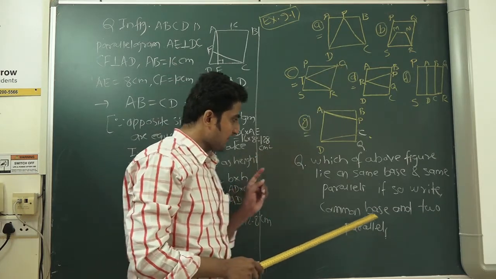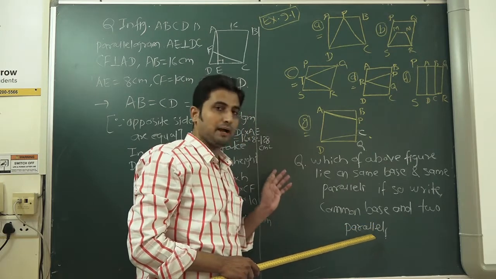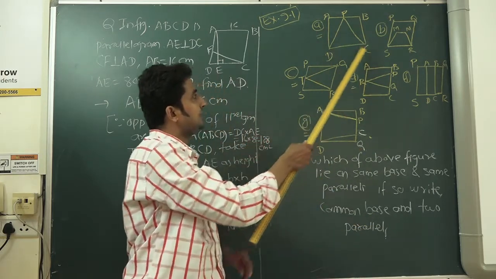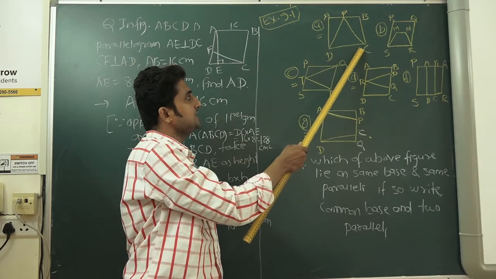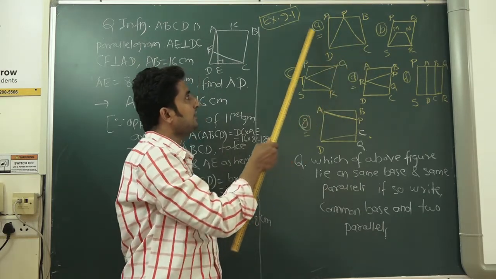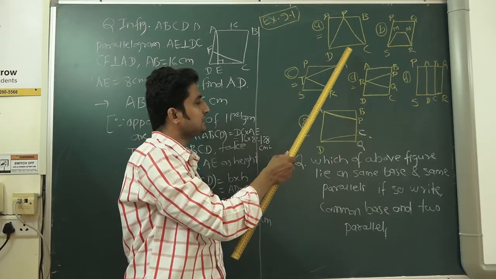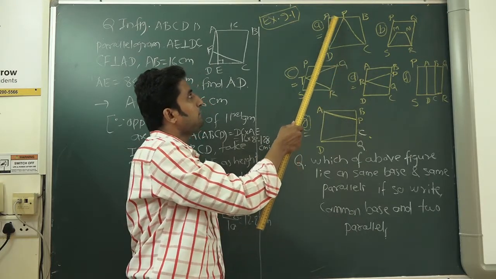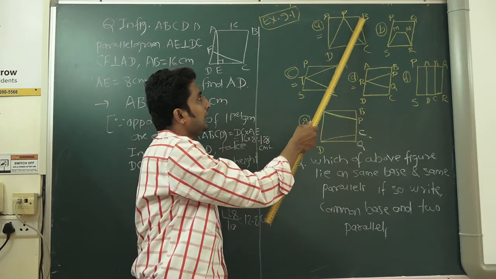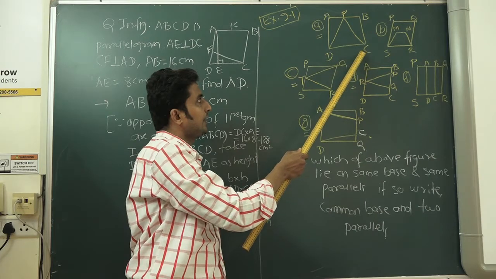Now here we are asked to find the common base and the two parallels. Here it is clearly seen that the base is CD for both the quadrilateral and the triangle, that is, CD is the common base, and the parallels are AB parallel to CD.